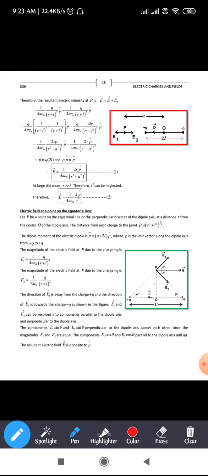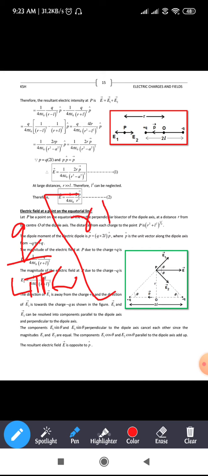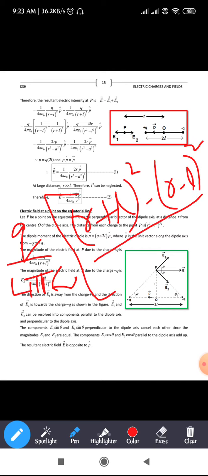See here, the next step comes out to be, let me make it simple. We take Q divided by 4 pi epsilon naught common, and it comes out to be (r plus l) whole square minus (r minus l) whole square, divided by r square minus l square whole square.